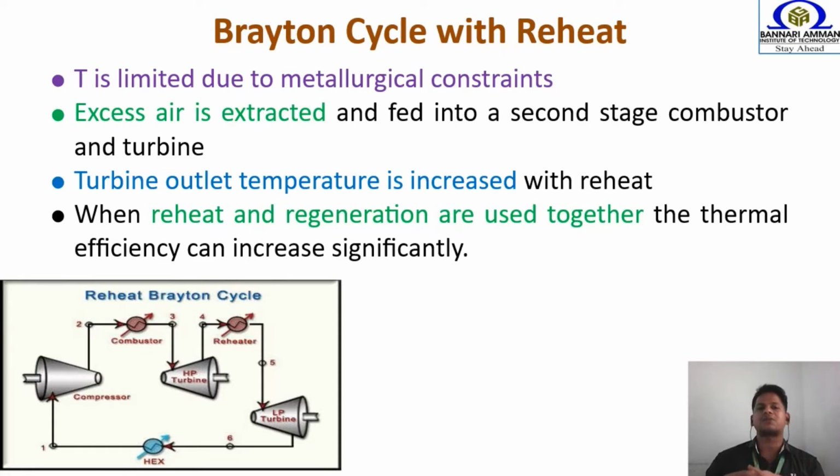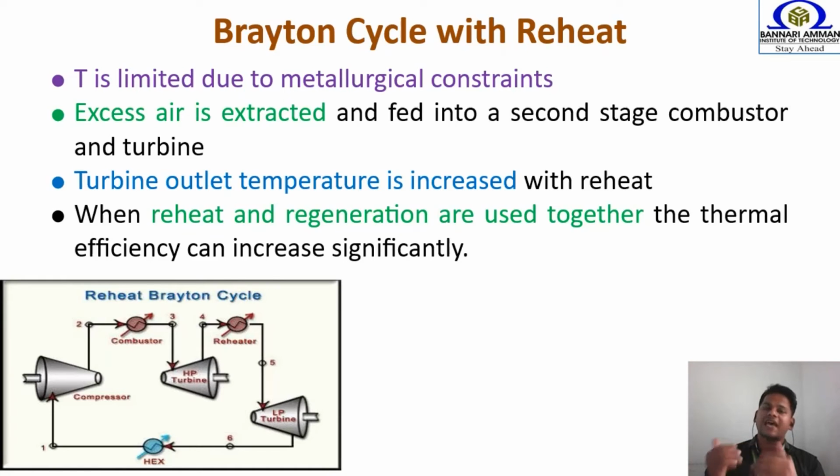And the third thing is that your turbine outlet temperature is increased. In the ideal Brayton cycle the turbine outlet temperature is not increased, but in the case of reheating, once again we are reheating the gas which is already expanded, right? Again we pass the same into the second stage turbine.